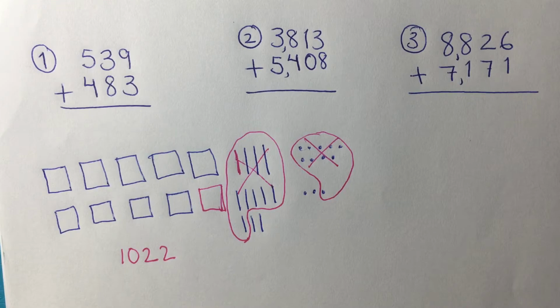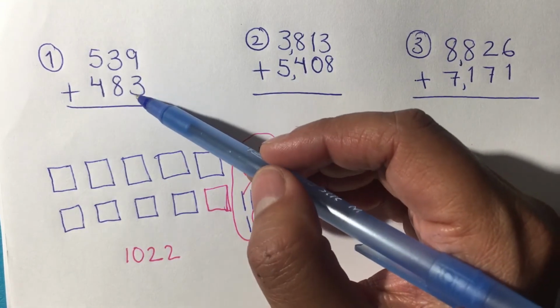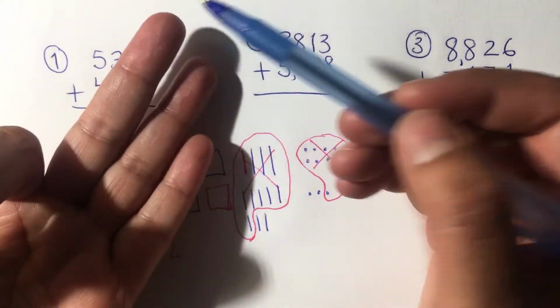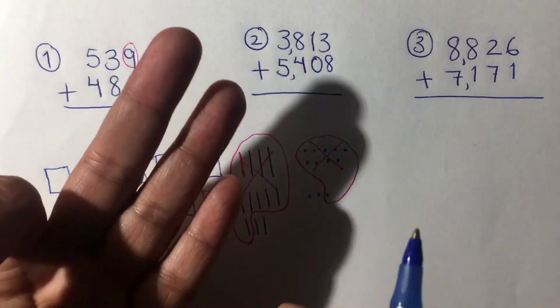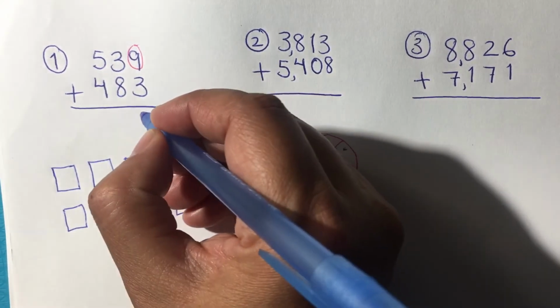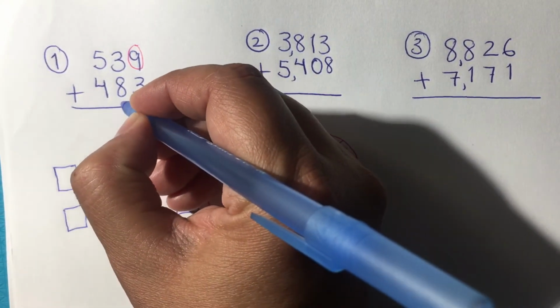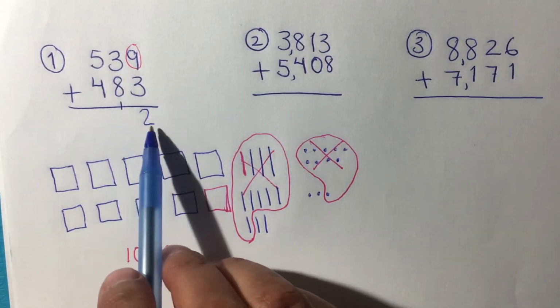1,022. Now, how would it look if I'm adding without using the model? 9 plus 3: I put the biggest in my mind, and 3 with my fingers, 9, 10, 11, 12. I put the 2, and I put the 10 here to see it closer.